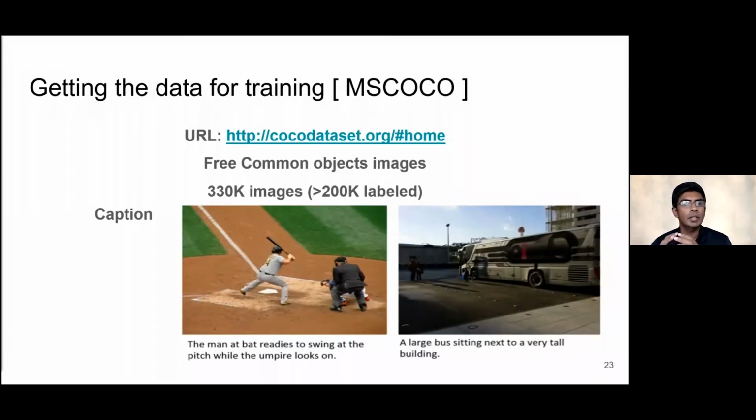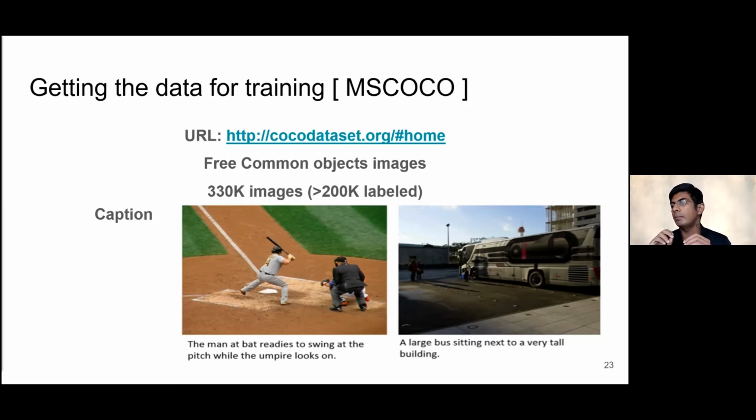So here we will look at getting the training data, MS Coco. MS Coco is another training data set that is free. These are just 2 images from that data set. It has about 330,000 images. And as you can see, the first one, you have that image, and then you have the associated descriptive metadata with it.